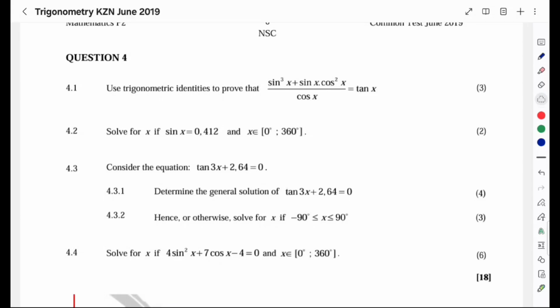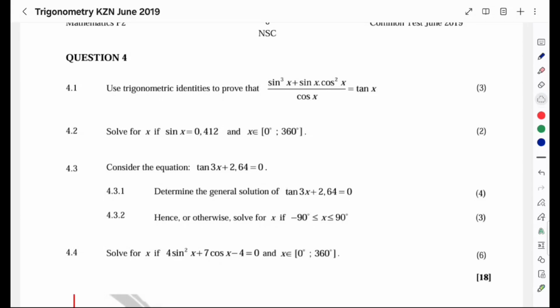Then we need to identify, is it equal to something positive or is it equal to something negative? If it is equal to something positive, we will use quadrants 1 and 3 for our solutions because tan is positive in those quadrants. If it is equal to something negative, we will use quadrants 2 and 4 for our solutions because tan is negative in those quadrants.